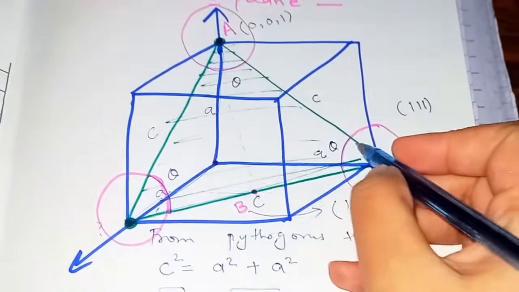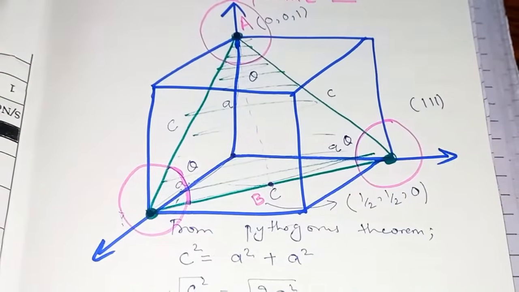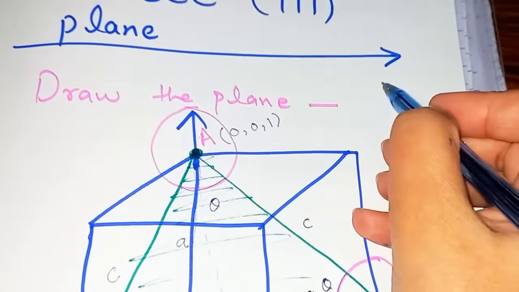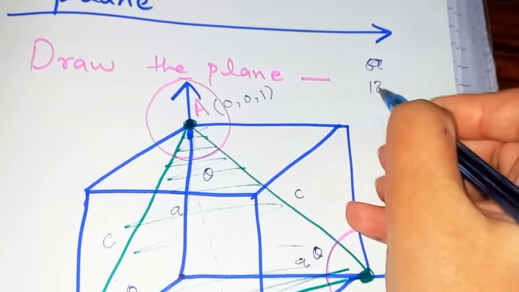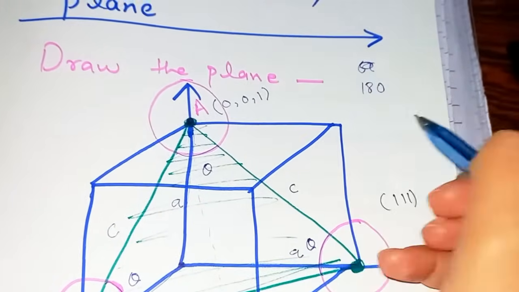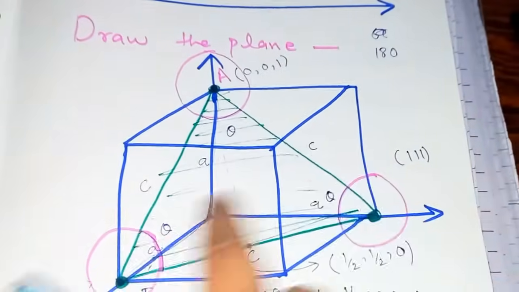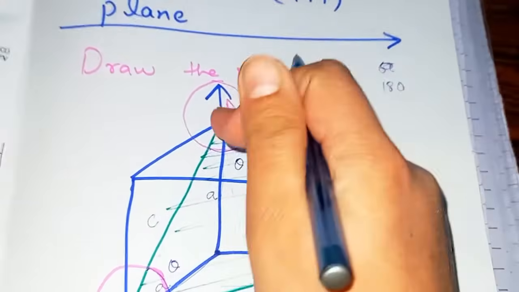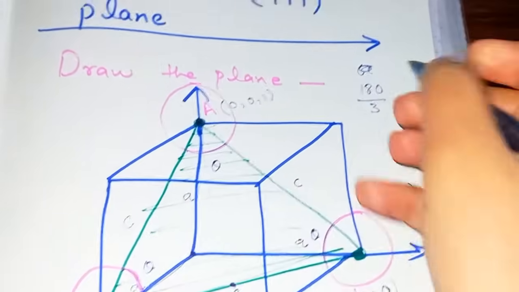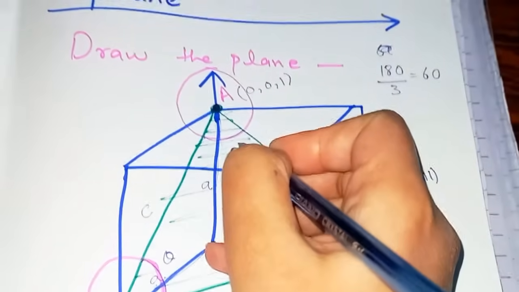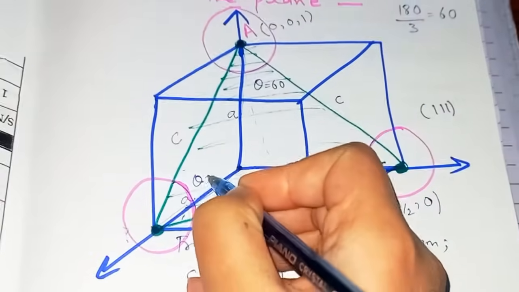So it's an equilateral triangle. The total angle of a triangle is 180. The sum of all the angles is 180, and for an equilateral triangle, the angle is distributed equally among each of them, so it's 60 degrees. Hence theta equals 60 degrees here.